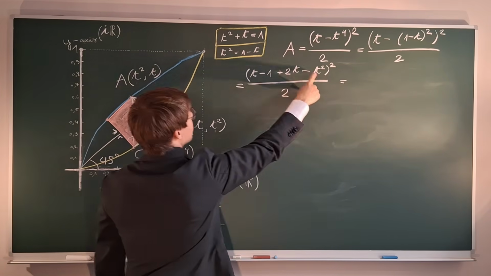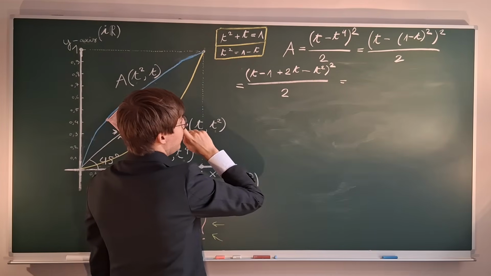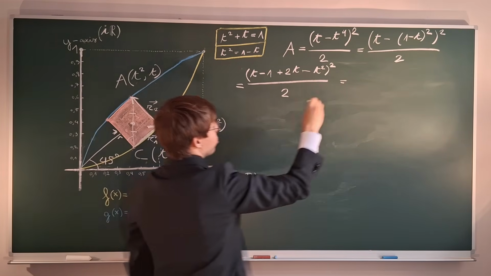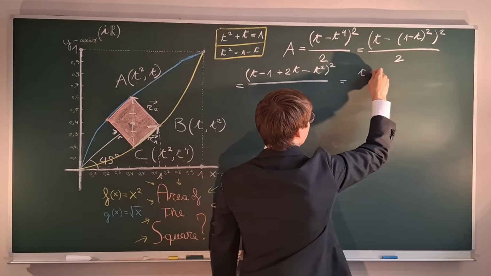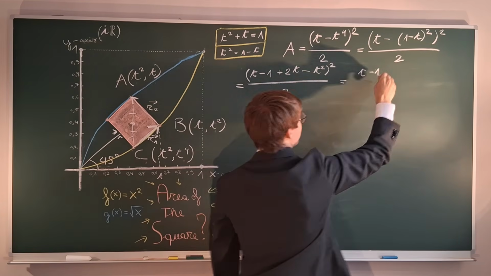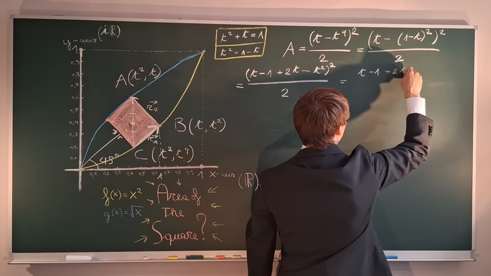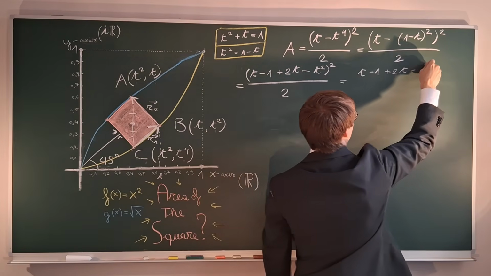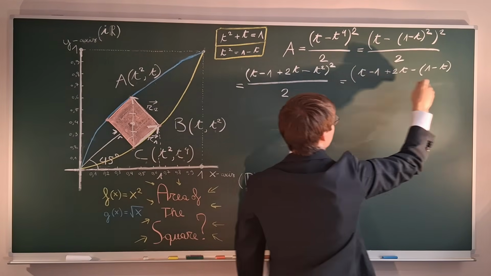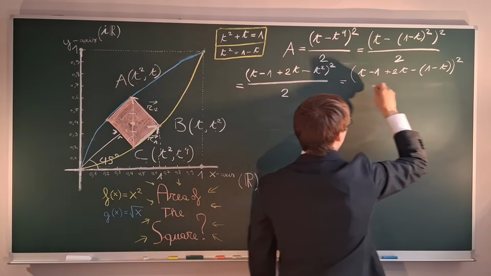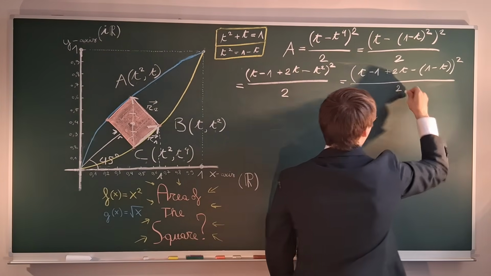But now this t squared is equal to 1 minus t. So this becomes t minus 1 plus 2t minus 1 minus t, divided by 2.